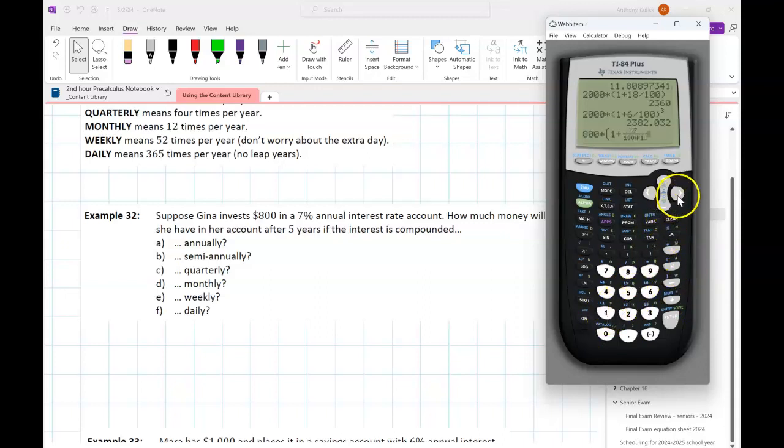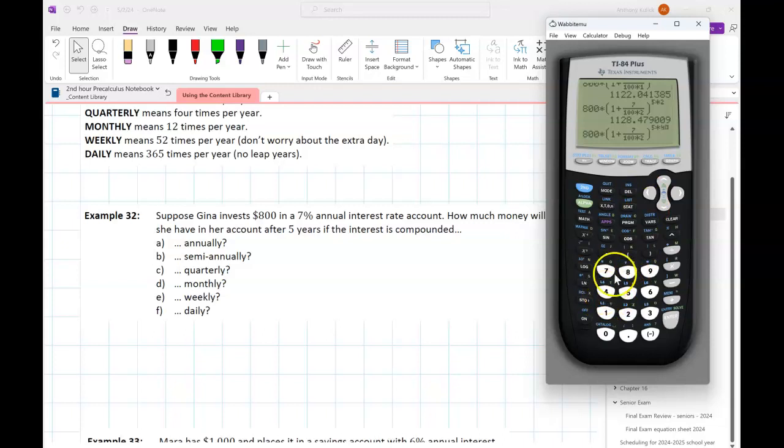So I'm going to set this up, and we're just going to change one number each time. So this is annually. And then we have semi-annually, so the K just becomes 2. Okay, so like $6. That's not bad.